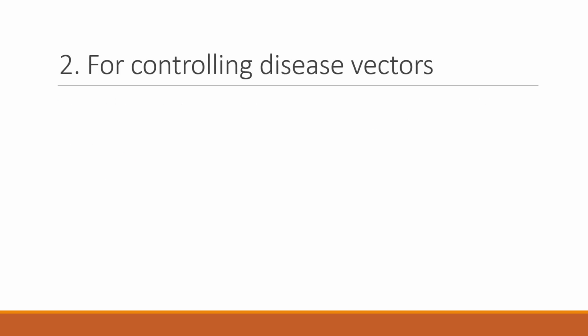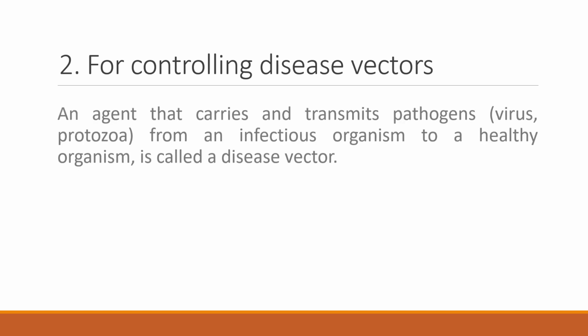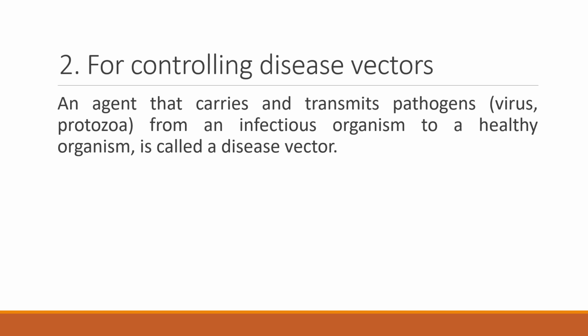So another main importance of knowing about the life cycles of organisms is to control disease vectors. So a vector is an organism that transmits or carries the pathogenic microorganism from one infected organism to a healthy organism.